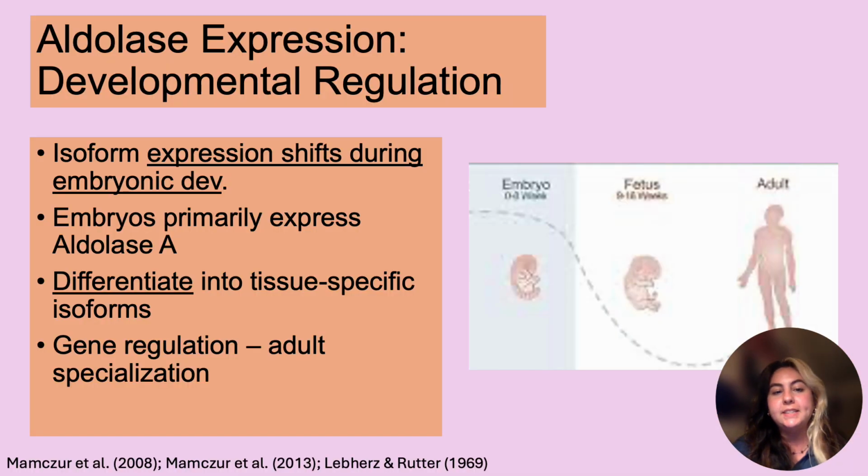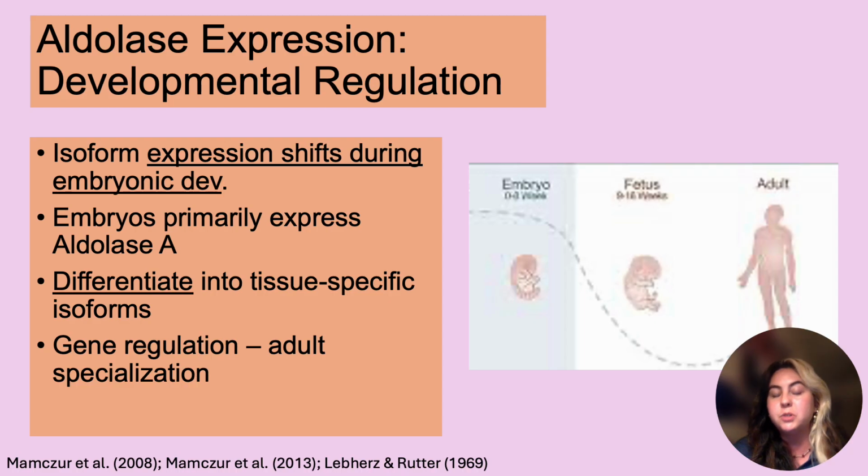This is going to detail the topic of expression and developmental regulation, that concept we've gone over a couple times, where the isoform expression is going to shift during embryonic development into adulthood. Embryos are primarily expressing aldolase A. It's expressed pretty much throughout those tissues and serves as the primary glycolytic enzyme throughout fetal development.